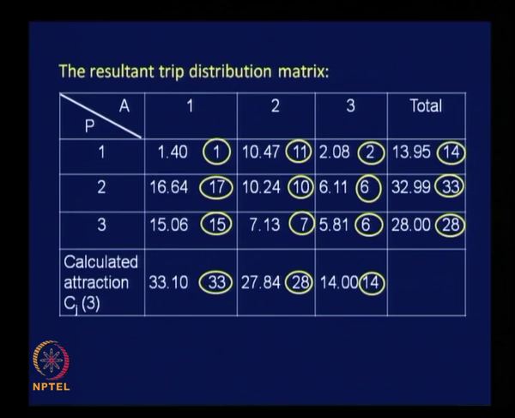Even though it is iterative, we find that it is possible to achieve the desired result with repeated working with the gravity model with the input of the adjustment procedure, right. This is how we work with this gravity model.